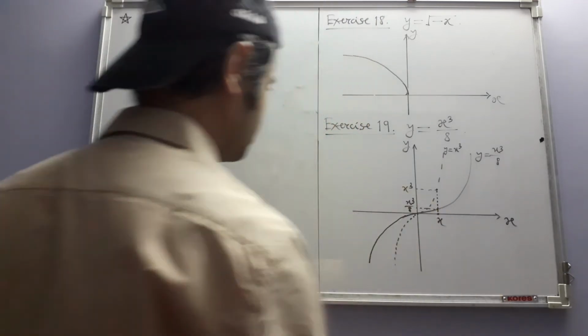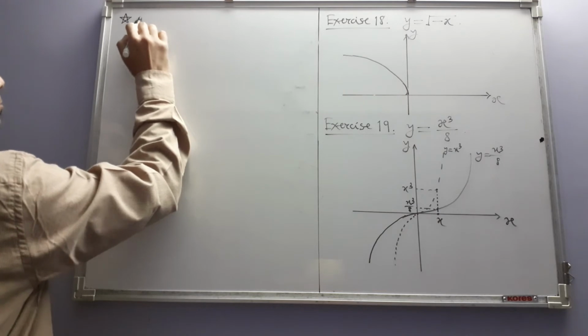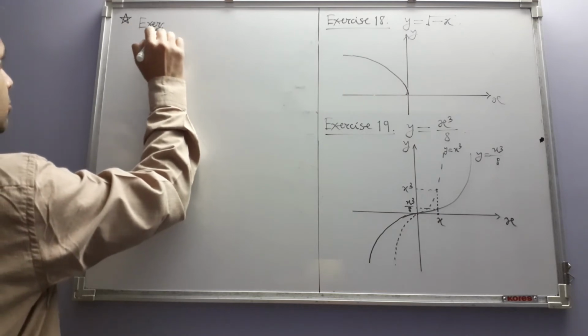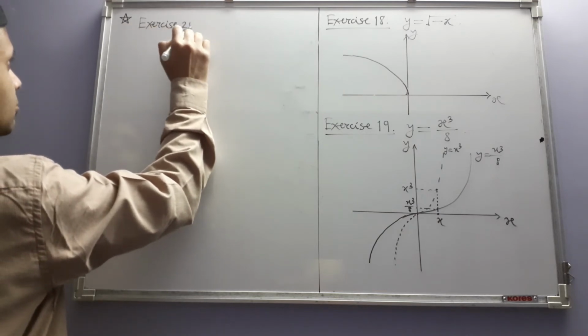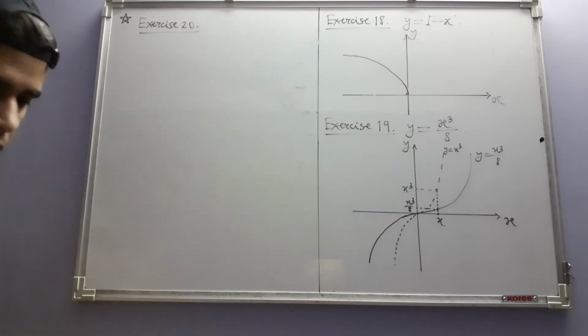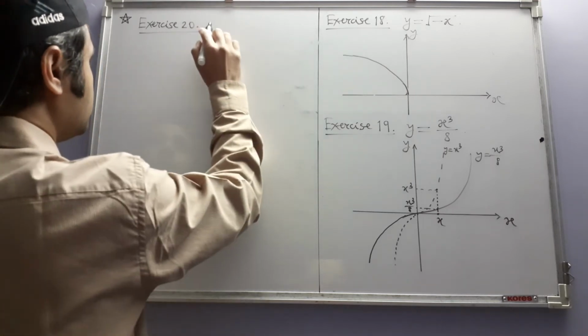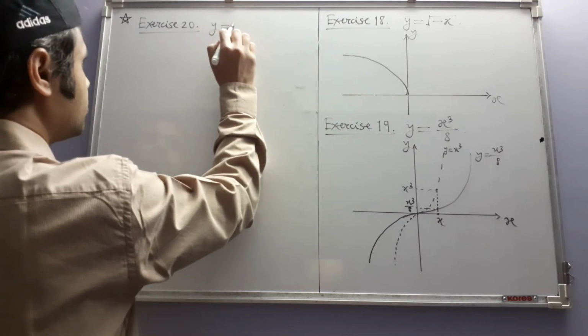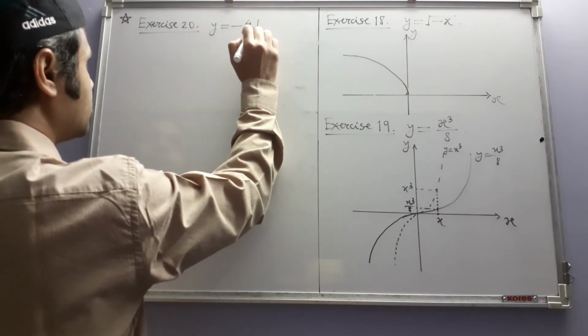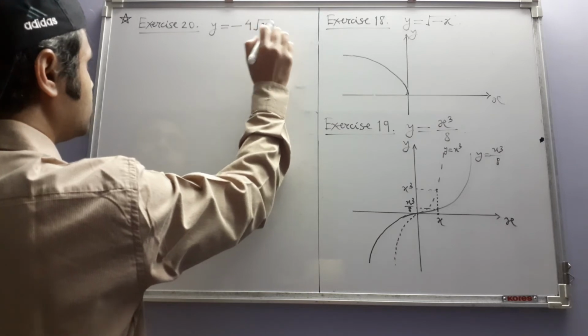Four more. The 20th one is y equal to minus 4 root x.